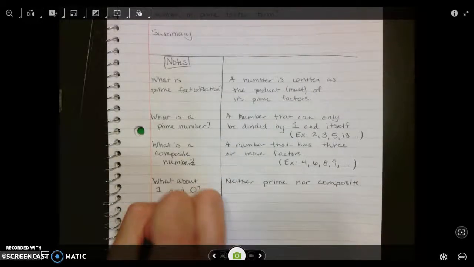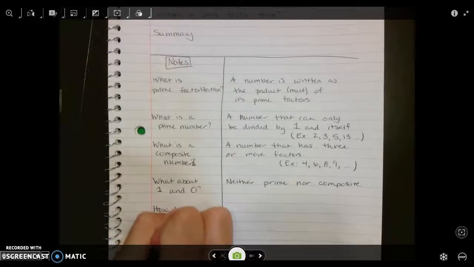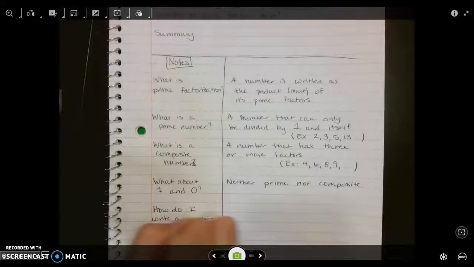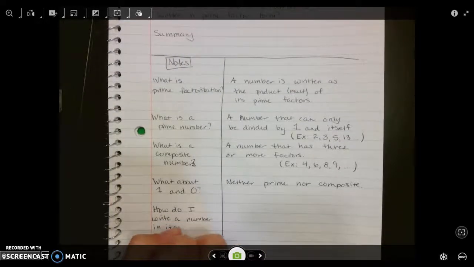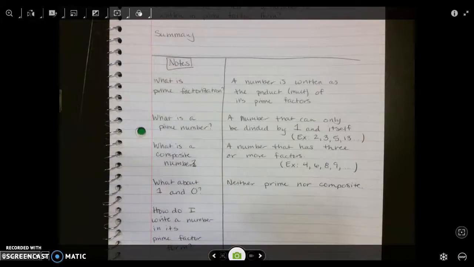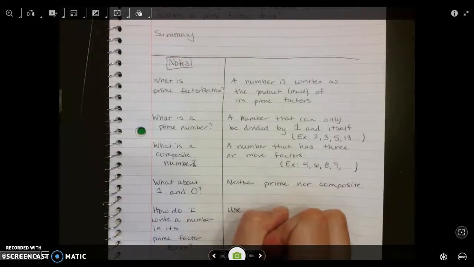How do I write a number in its prime factorization form? What I tend to use is a factor tree.